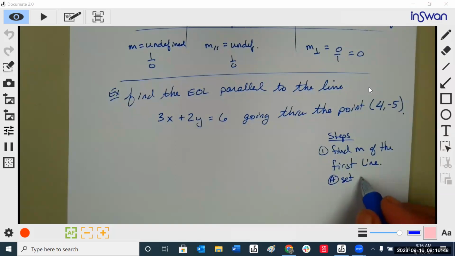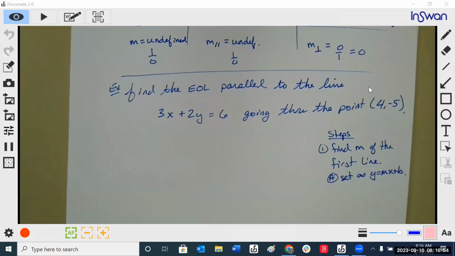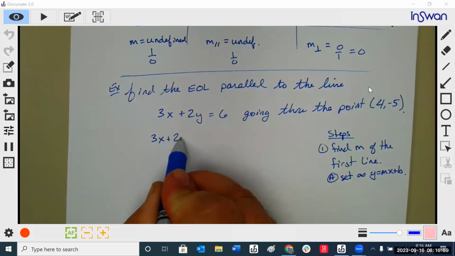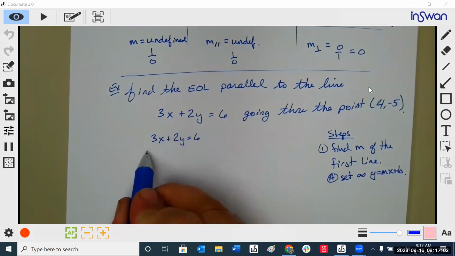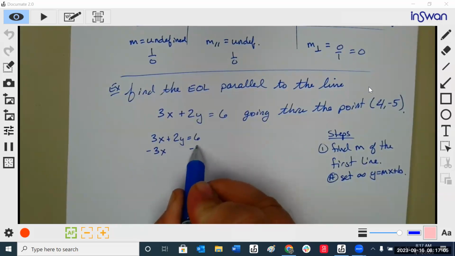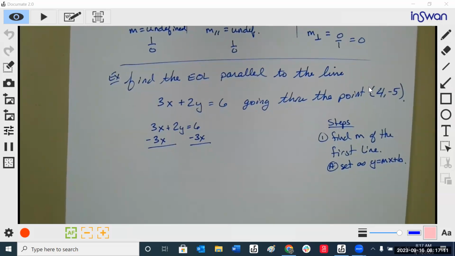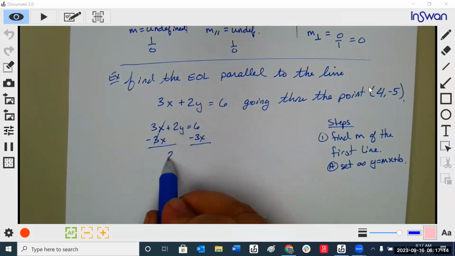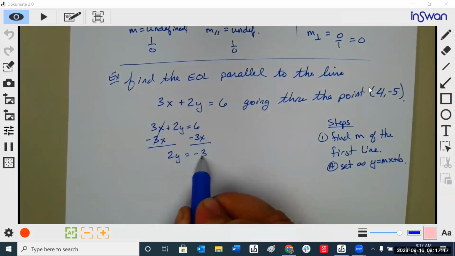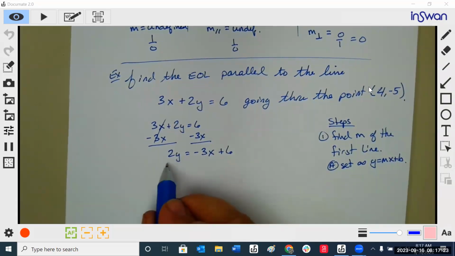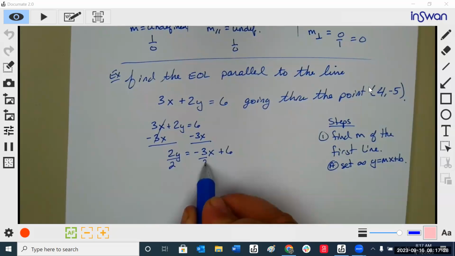Set it as y equals mx plus b, or solve for y. We have to get rid of the x first. So we have 2y equals negative 3x plus 6. Since we're trying to get y by itself and it's 2 times y, we have to divide each term by 2.